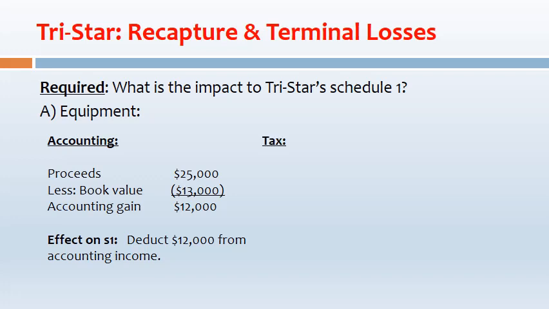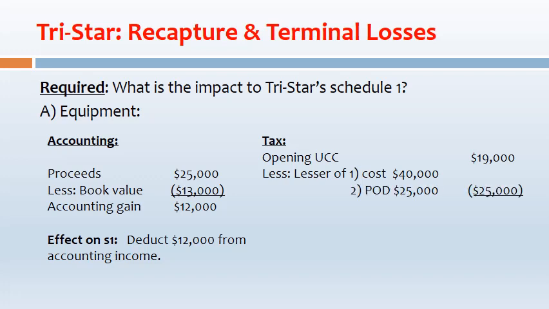Next up, I want to take a look at the tax ramifications. So for tax purposes, we had an opening undepreciated capital cost balance of $19,000 on this equipment. We need to then remove from the pool the lesser of cost, and this originally cost $40,000, or the proceeds of $25,000. Now the lesser of those two things is $25,000, comes out of our UCC pool.